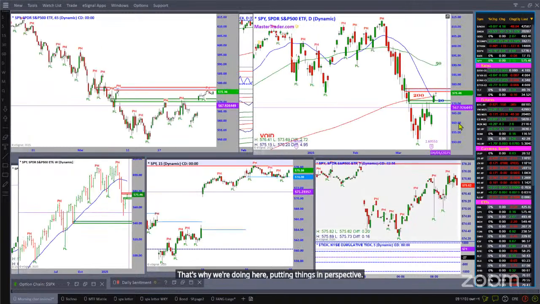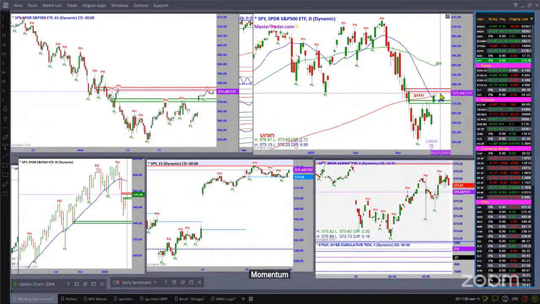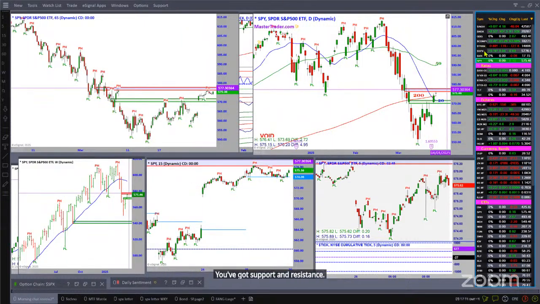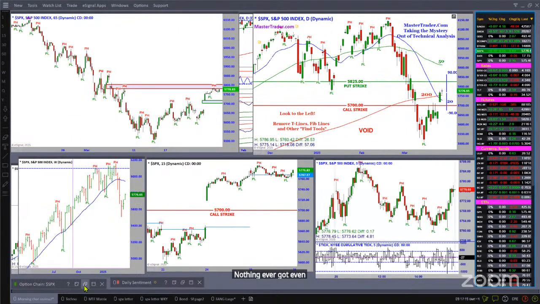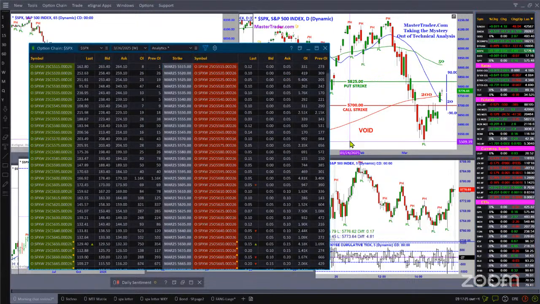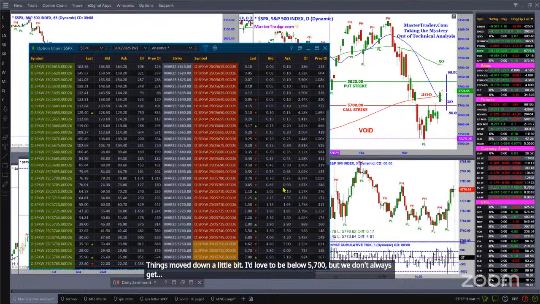I'll finish up with spiders, which you can see here are doing nothing. Momentum came to a screeching halt with a little narrow body. You've got support and resistance. And SPX, nothing ever got even close to being touched yesterday because things didn't move. See where things are at here today. Things moved down a little bit. I'd love to be below 5,700, but we don't always get what we want, but that's still pretty far away.